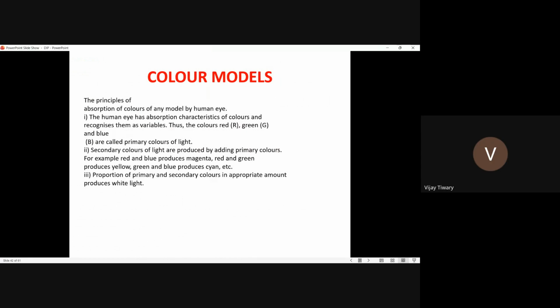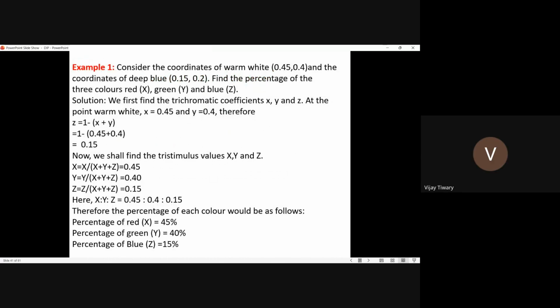Sir, in that, XYZ stands for what? Actually, you make it x1, y1, z1, because there is a distance between them; I have made all of them capital. Okay, so you make the values x1, y1, z1. Then x by x plus y plus z. How can x be calculated by something, because x is unknown? On the left-hand side there is x and on the right-hand side there is also x.